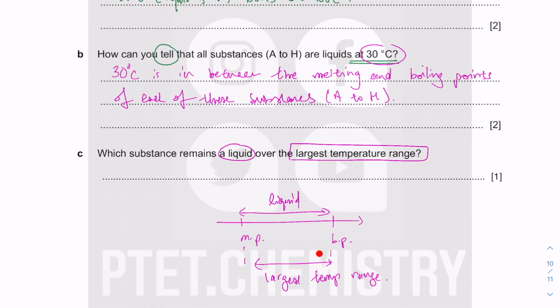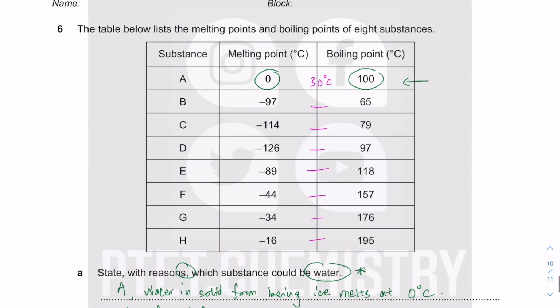That means the liquid will exist over the largest temperature range. The difference between the boiling point and the melting point will be 100 minus 0, that would be 100. Maybe I should put down the unit. The difference in temperature still has a unit of degrees Celsius.